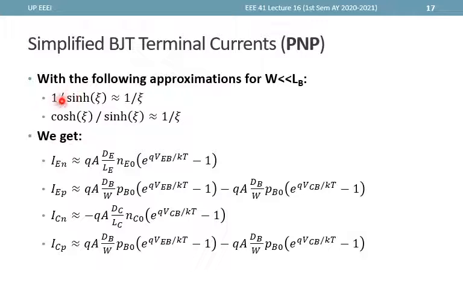So 1 over this here approaches 1 over this value here. However, for hyperbolic cosine of this variable over hyperbolic sine of this variable, when this is very small, it actually leads to this same expression. And we can see that by looking at this.